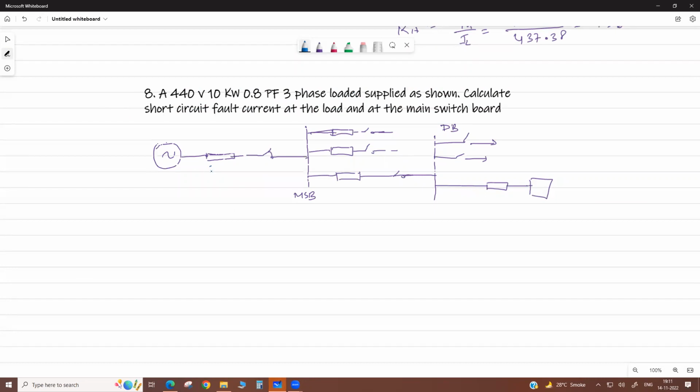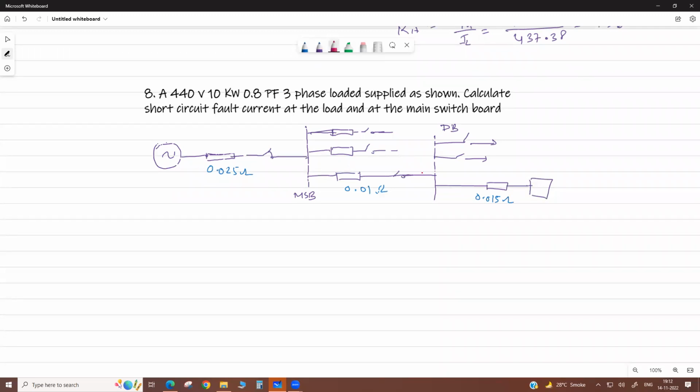This is 0.025 ohm, this is 0.01, and this is 0.015. Okay, so in the normal case, take a current.